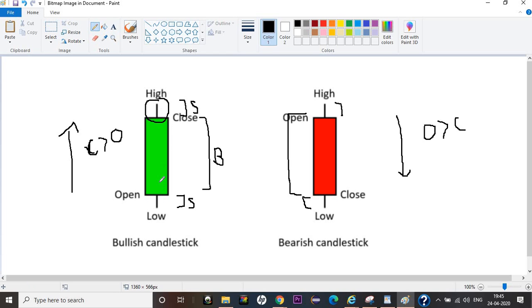Let's say this is a green candle, right? Now you can see the body is much bigger than the shadow. The body is almost 4 times the shadow. So I can say that buyers are in control at this particular time in the market when this green candle was formed.